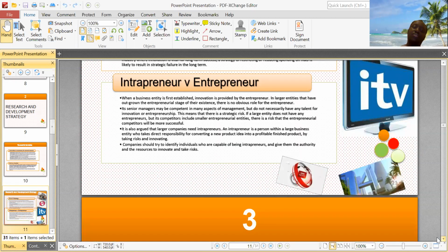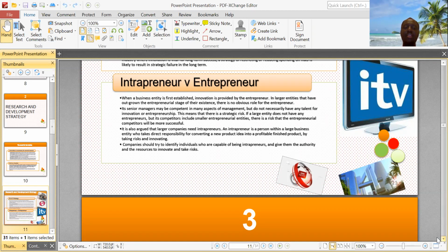Now, who is an intrapreneur and who is an entrepreneur? When a business entity is first established, innovation is provided by the entrepreneur. In larger entities that have outgrown the entrepreneurial stage of their existence, there's no obvious role for an entrepreneur.